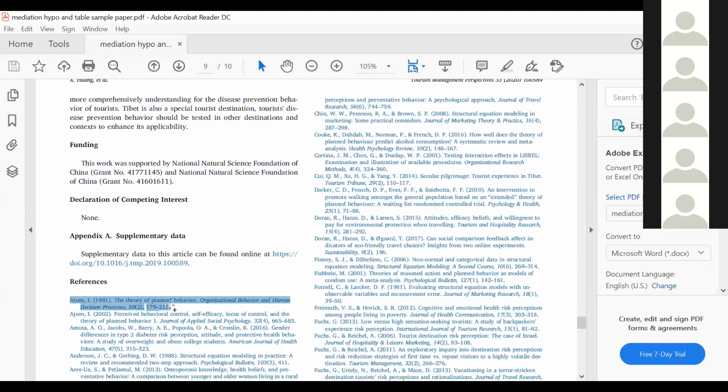Some journals are very particular that you should have a DOI number also. That's difficult to get, because after the page numbers you have to write a DOI number, and all journals might not have one. So you'll have to see on the basis of the journal you have selected. Really, this is the surname, first name, year, title of the paper, name of the journal, volume, issue, page number, period. This is the referencing that you do.